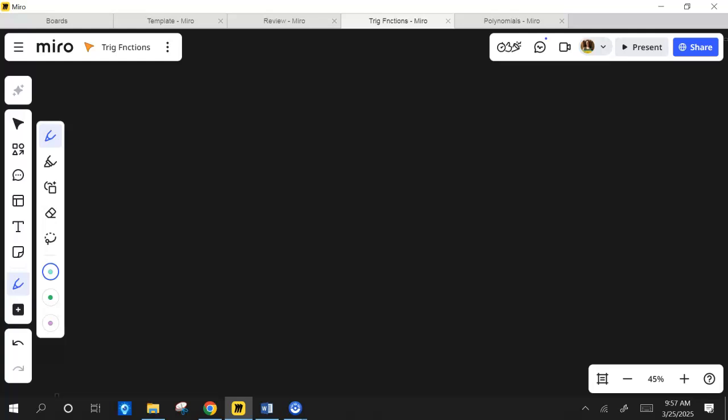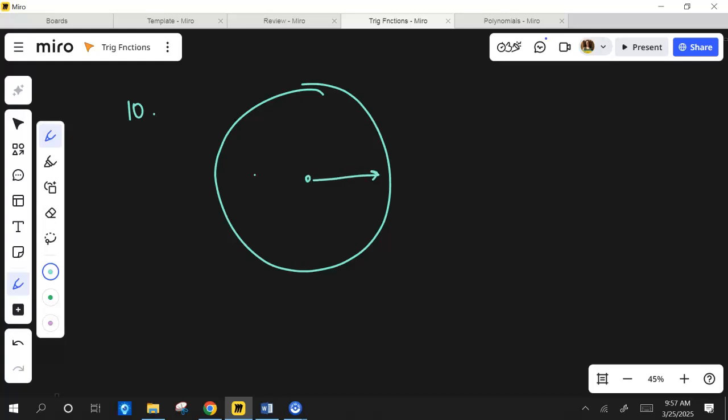All right, let's do front page first. Front page, 10. The end of an hour hand on a clock, so let me just draw a clock, is 5.5 centimeters from the center. So that's my radius, right?